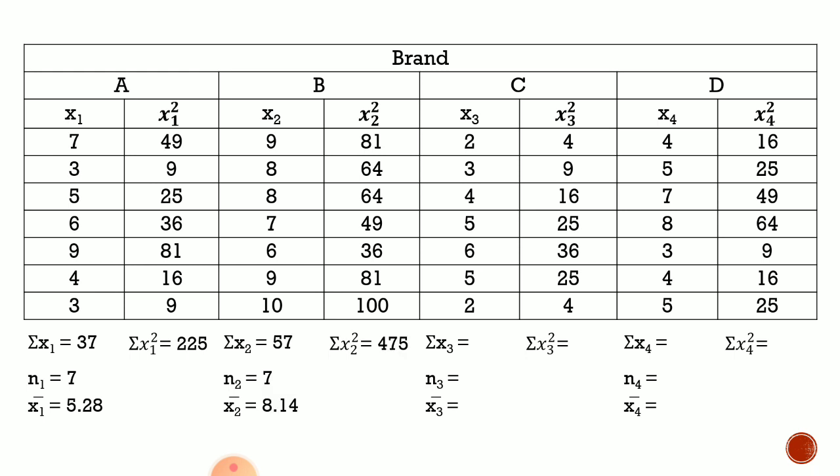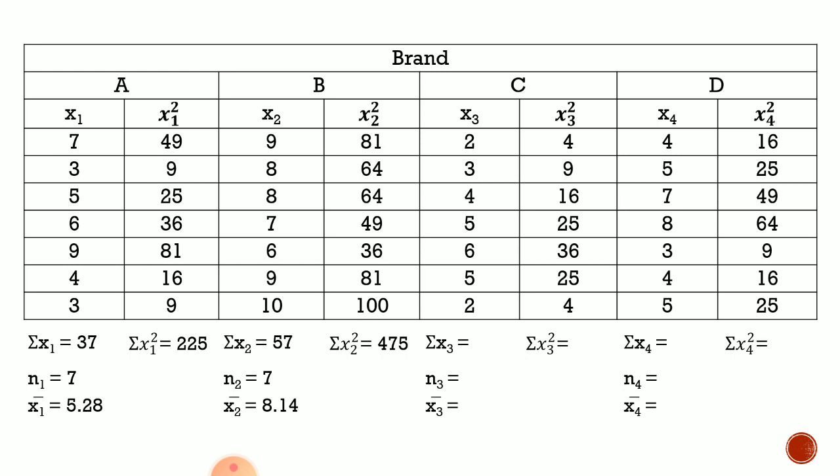For brand B, the summation of x sub 2 is equal to 57, n sub 2 is equal to 7. Then the mean of x sub 2 is 57 divided by 7, which is equal to 8.14. Then the summation of x sub 2 squared is equal to 475.